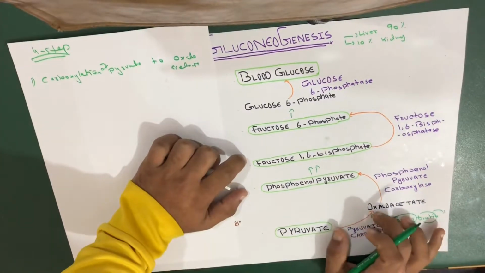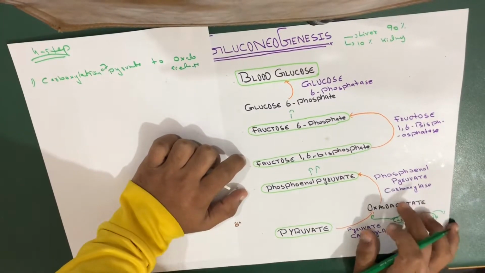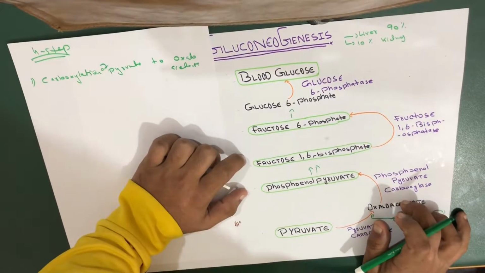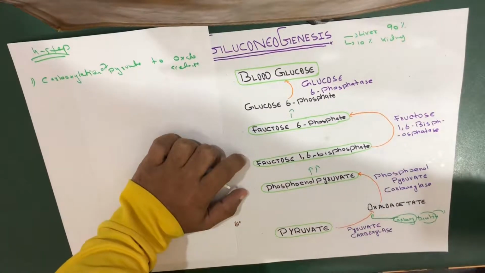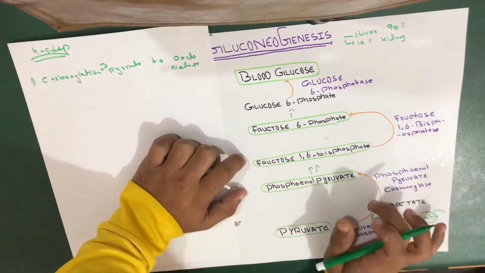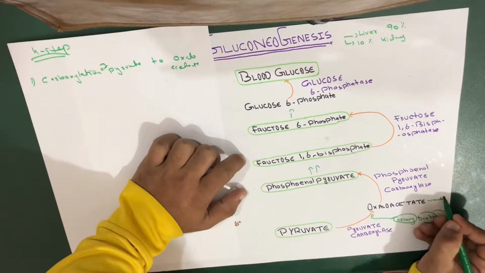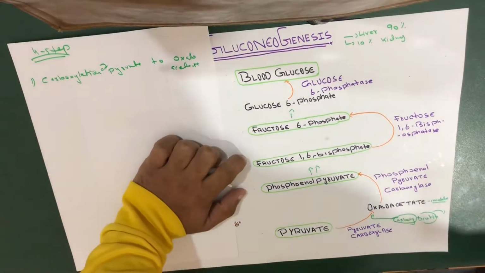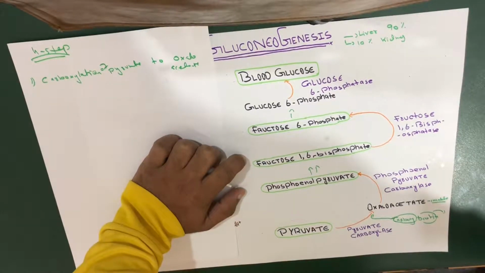So this oxaloacetate, we know, is in our mitochondria, and we want to take it out of the mitochondria. How are we going to do that? It is not going out of the mitochondria as it is. So we have to convert it into malate. Remember malate? It's a salt, or you can say a salt or ester of malic acid.